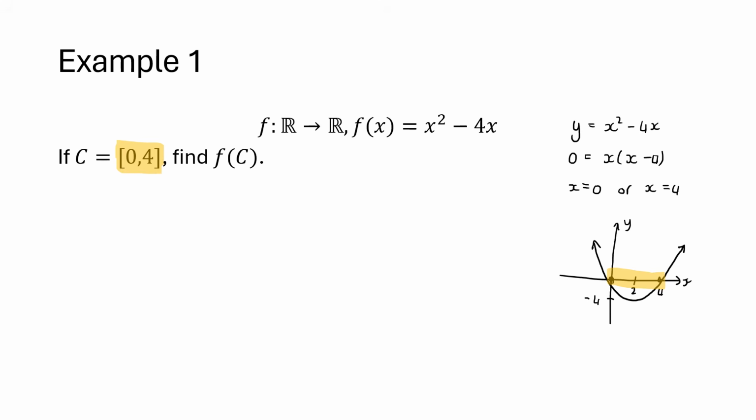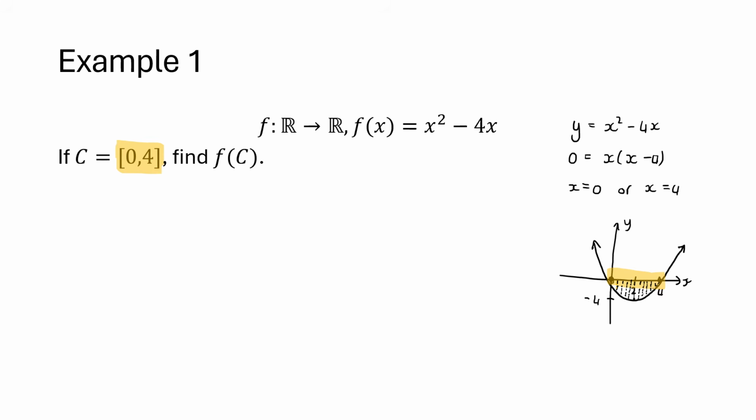Now, if x is equal to 0, our y value is equal to 0 as well because it's an intercept. As we move through this interval, our y values keep decreasing up to where x is equal to 2, where we reach a y value of negative 4. But then the y values start increasing again up to our second x-intercept at x equal to 4, where y is 0 again.